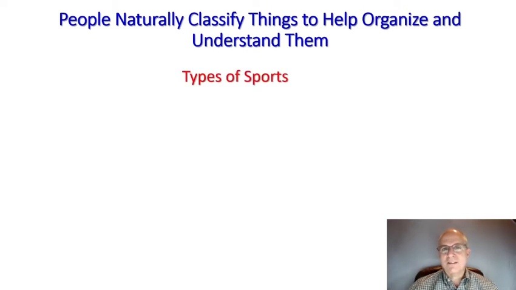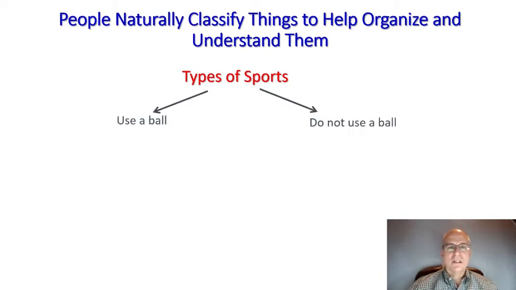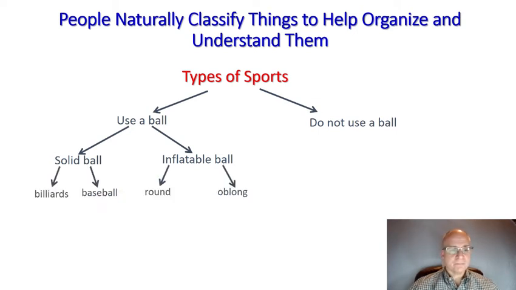Okay, if you were to think about the different types of sports that are out there, there's lots of different types. We could, in general, classify sports as those that use a ball and those that don't. Now, within each of those, say those that use a ball, we could then split them up into those that have a solid ball and some that have an inflatable ball.